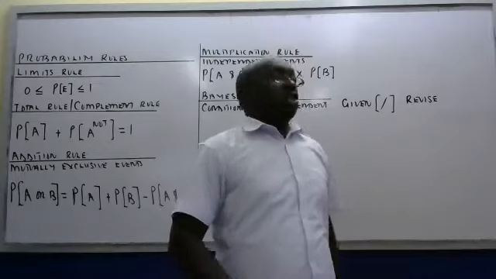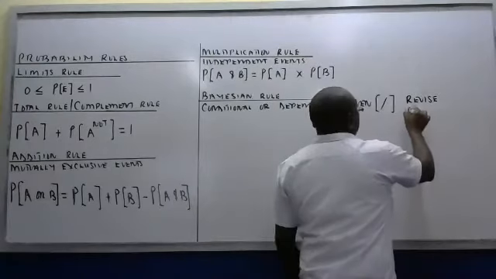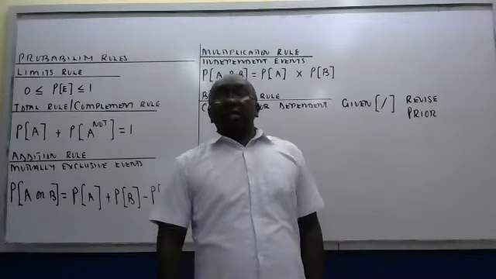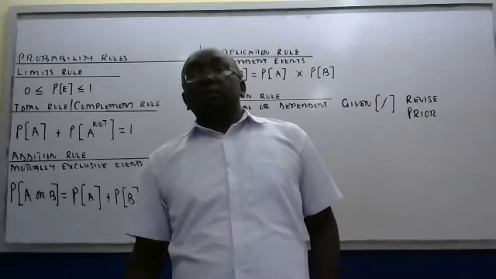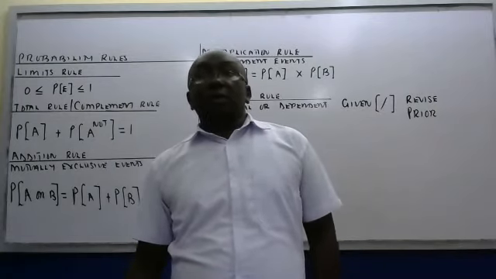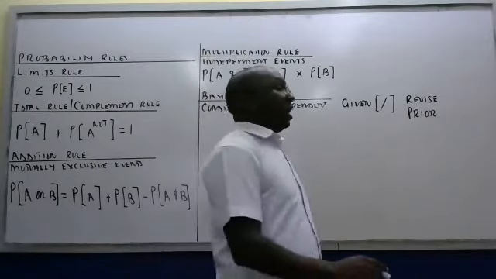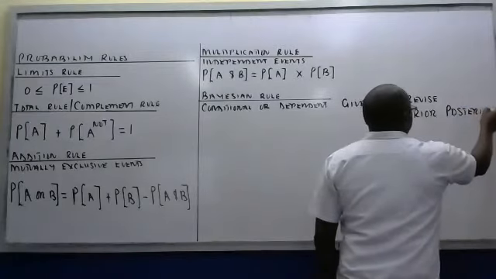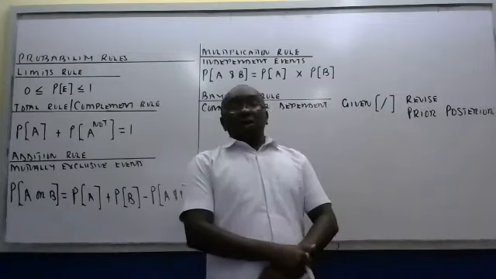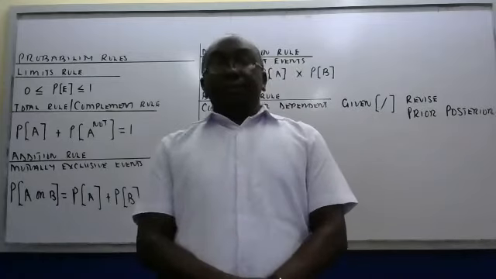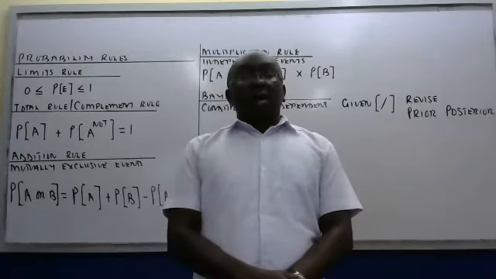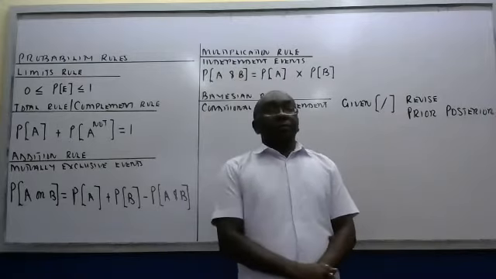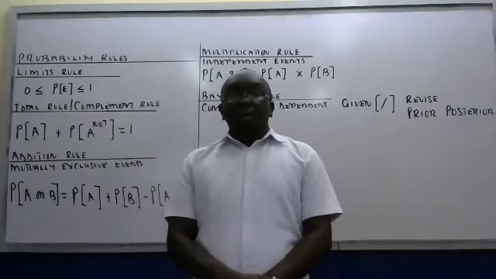The initial probabilities are called prior, while the revised ones are called posterior.